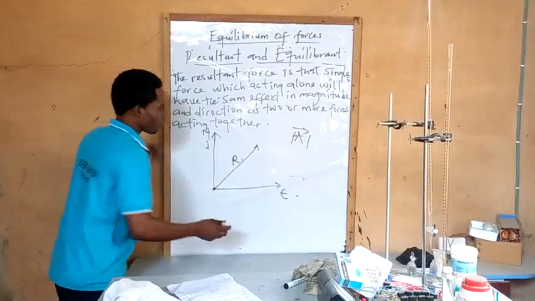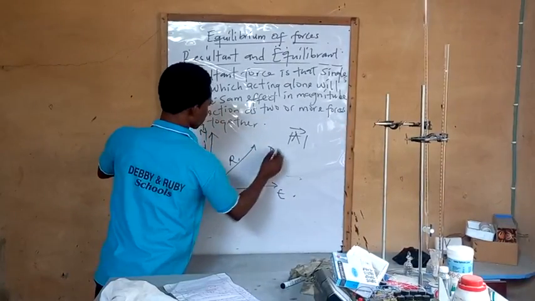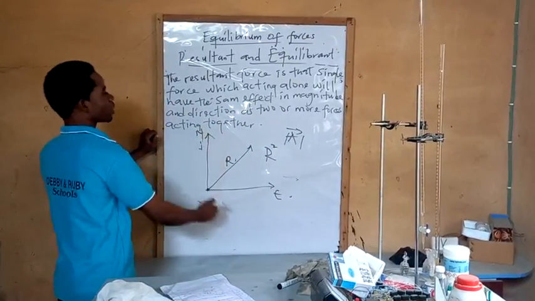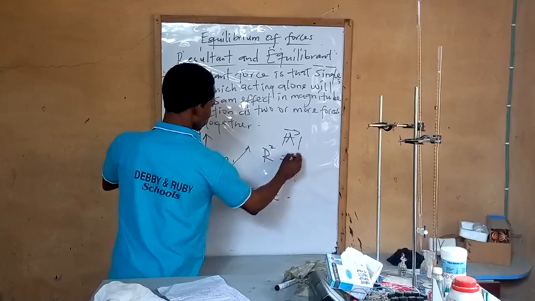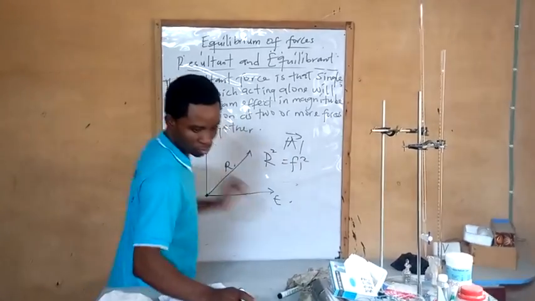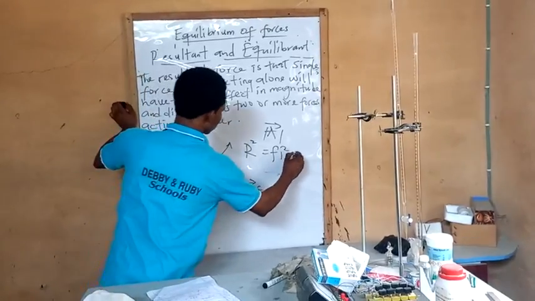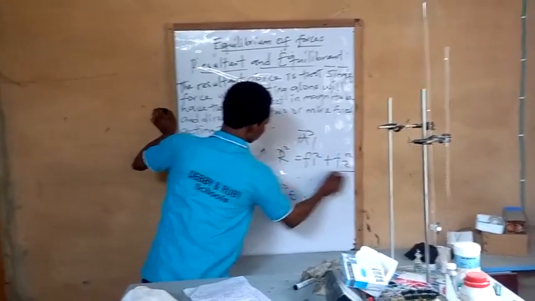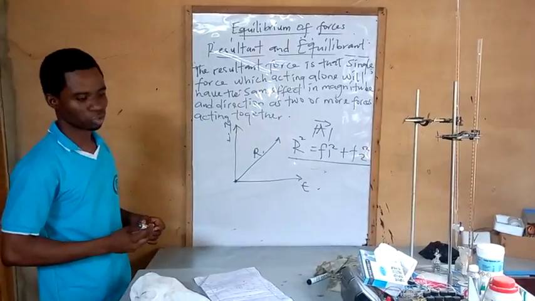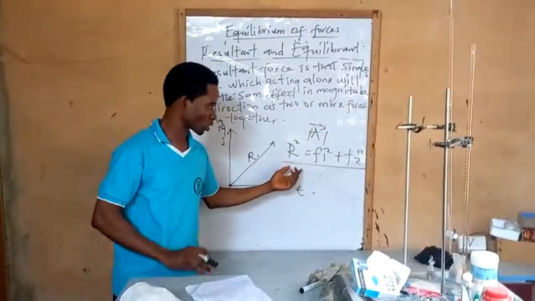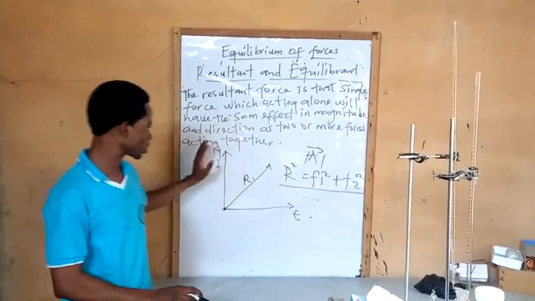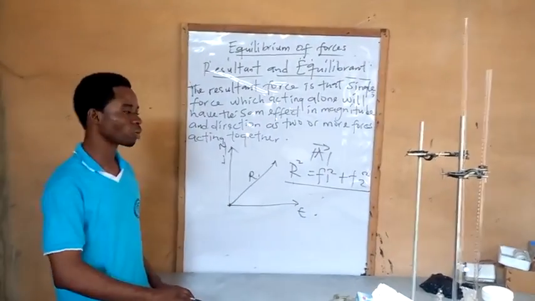The formula for the resultant, for forces forming an angle of 90 degrees, is like the Pythagoras theorem.